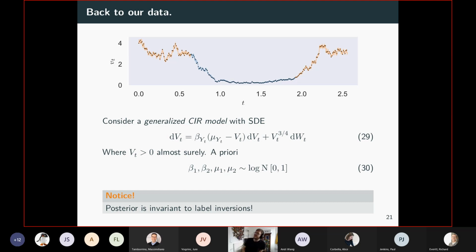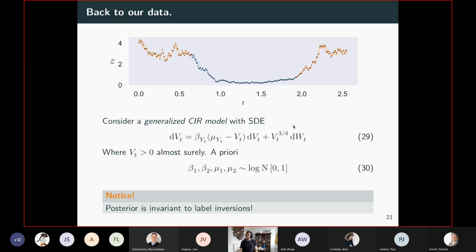And that is like a compromise between the standard Cox-Ingersoll-Ross process, which has an exponent 1/2 in the instantaneous volatility, and the geometric Brownian motion, which has exponent 1.